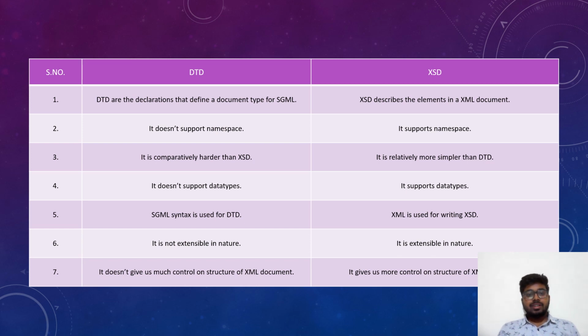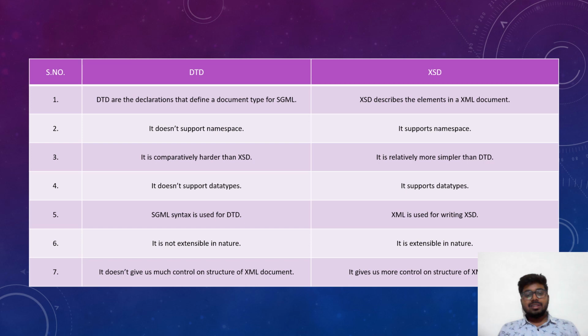DTD doesn't support namespace, whereas XSD supports namespace. DTD is comparatively harder than XSD to learn. XSD is relatively simpler than DTD. DTD doesn't support data types, whereas XSD supports data types such as int, float, char, double.